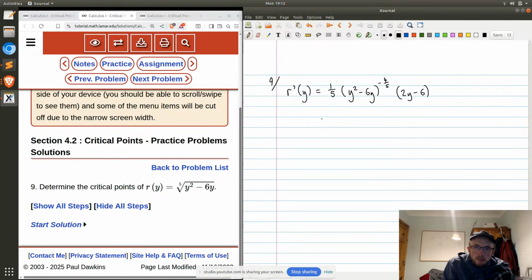If I want it in the most aesthetic form, just for my own sake, I would put 2y minus 3 there on the top.